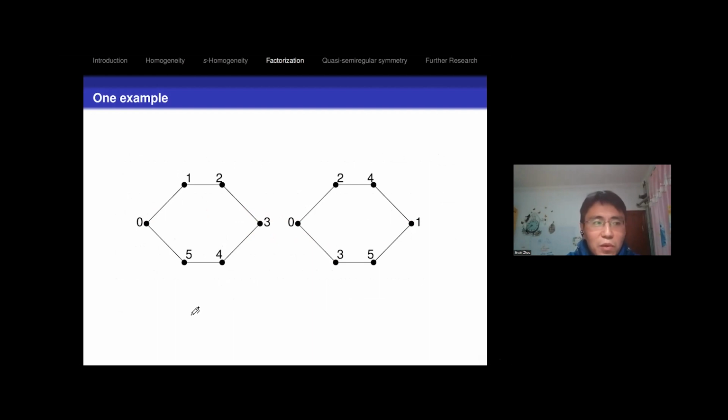Here is an example. The cycle of length 6 is an almost self-complementary graph.